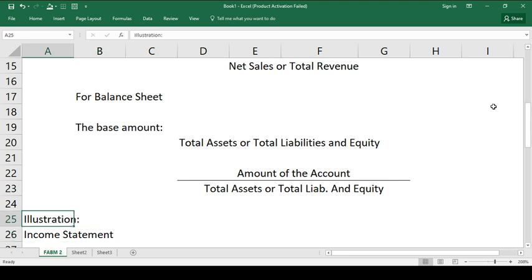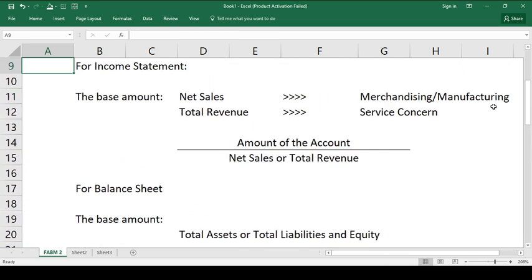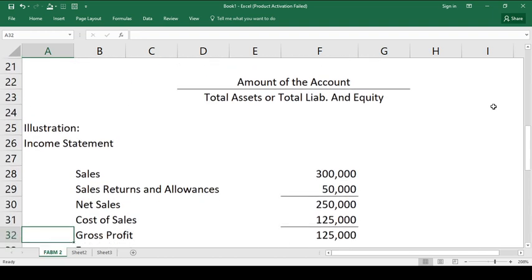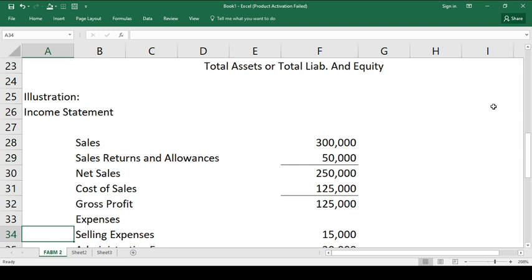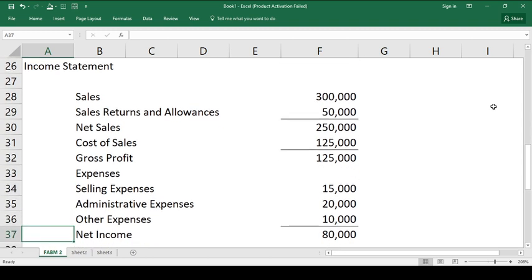So, to illustrate the formula, and later on to interpret, okay, I prepared a sample FS here, an income statement. The income statement shows the following balances. We have the sales of 300,000, 50,000 for sales returns and allowances.